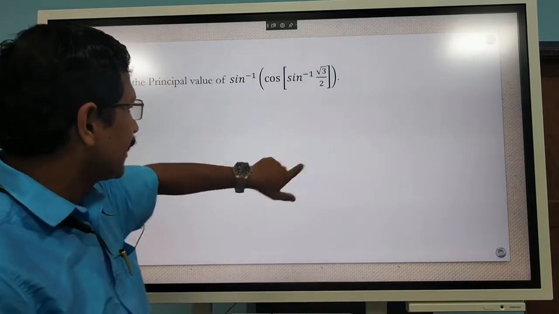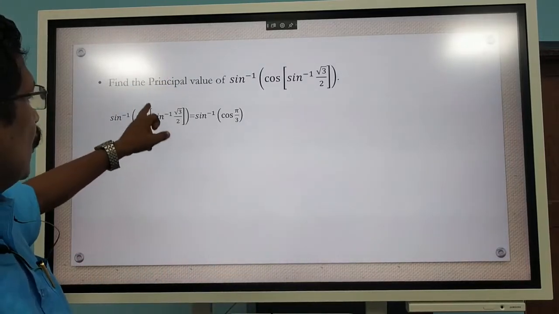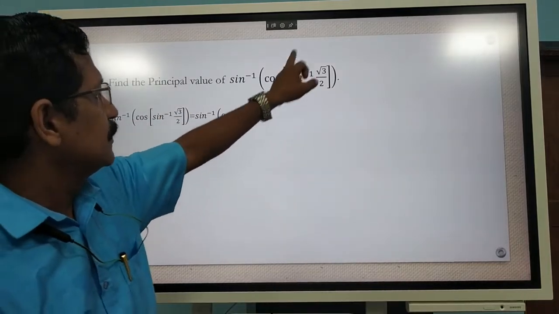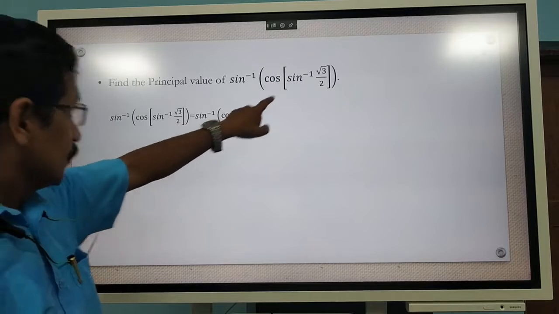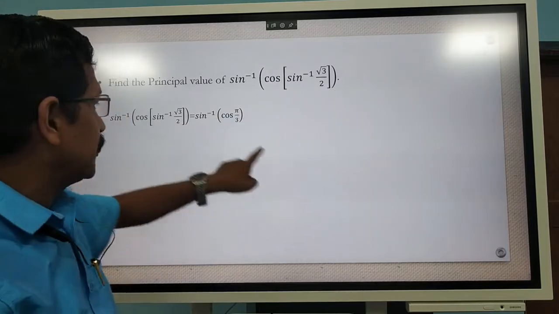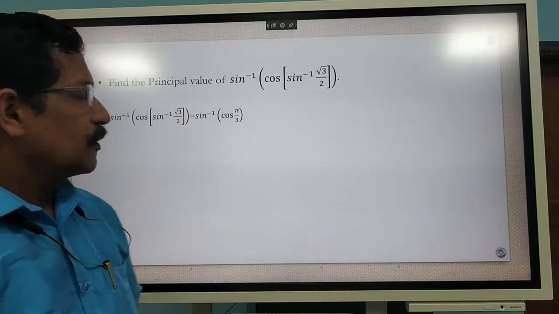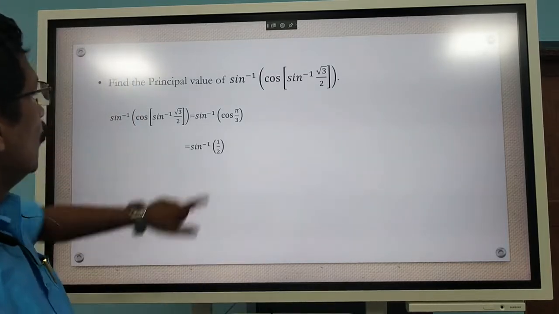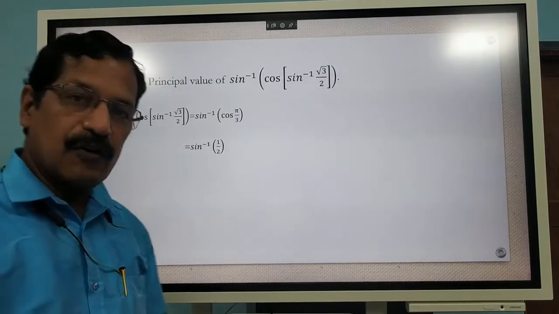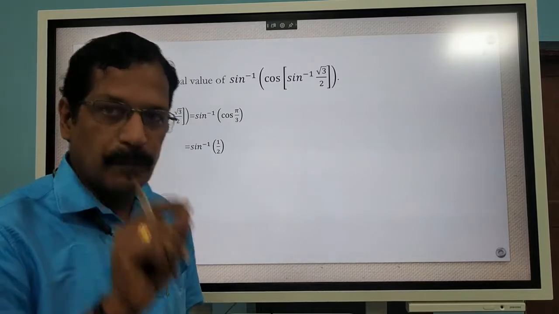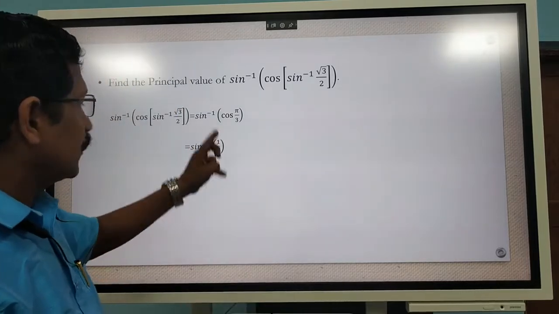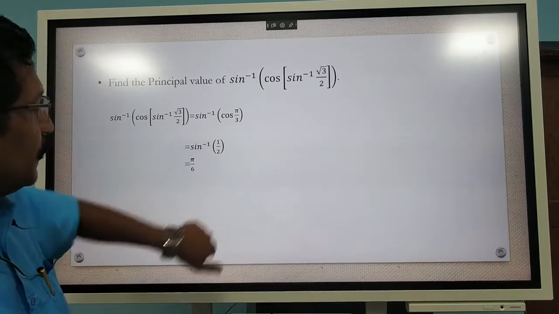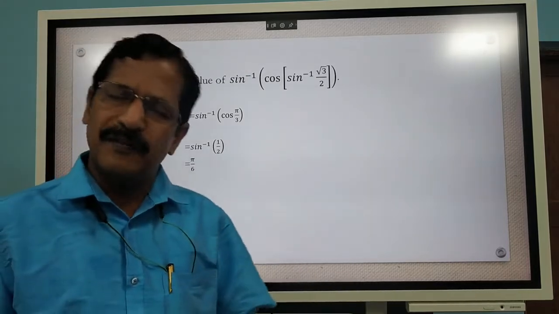So this is sin inverse cos pi by 3. Cos pi by 3 is 1 by 2, so sin inverse 1 by 2. Now sin inverse 1 by 2 is pi by 6. So the answer is pi by 6. It's a very simple question.